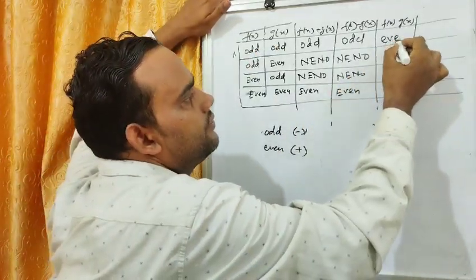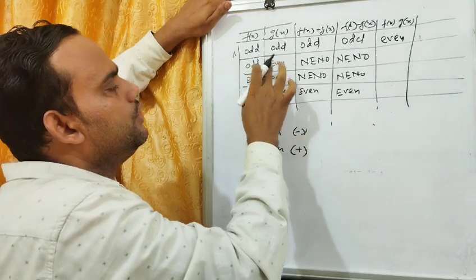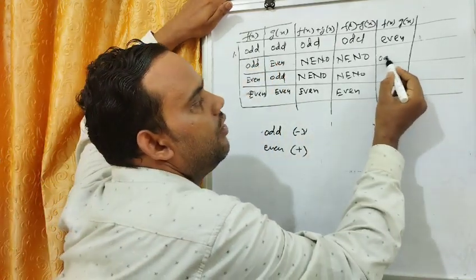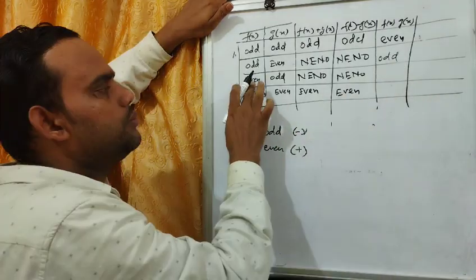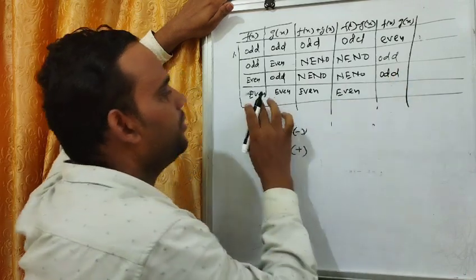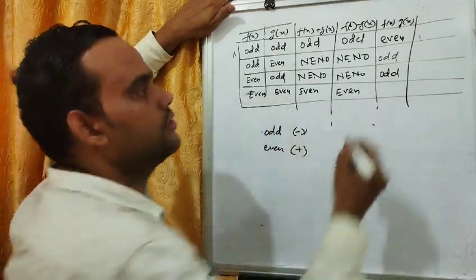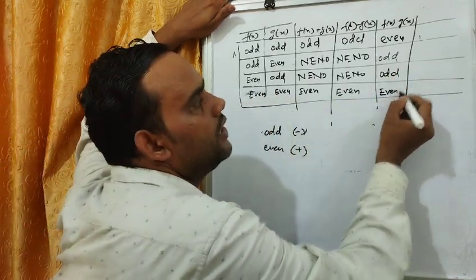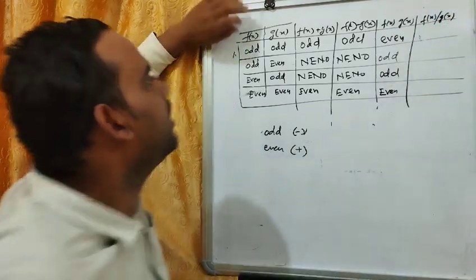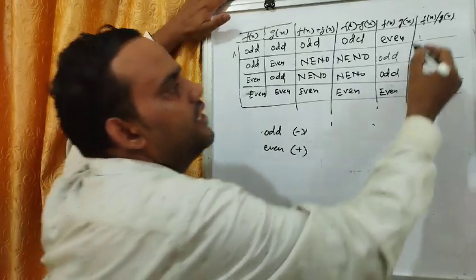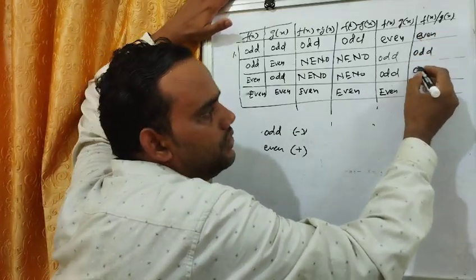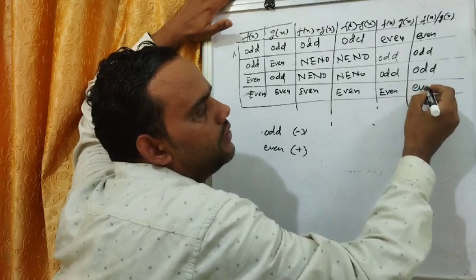Odd into even means minus into plus, which is minus, so odd. Even into odd is plus into minus, which is minus, so odd. And plus into plus is plus, so even. Similarly, for division, f of x by g of x: minus divided by minus is again even, this is odd, this is odd, and this is even.